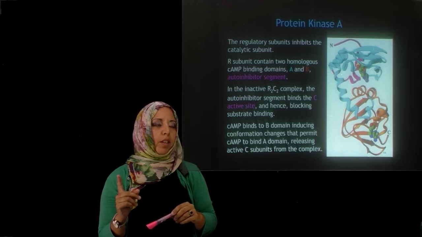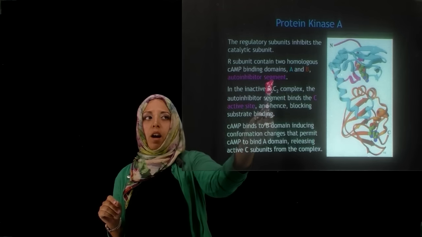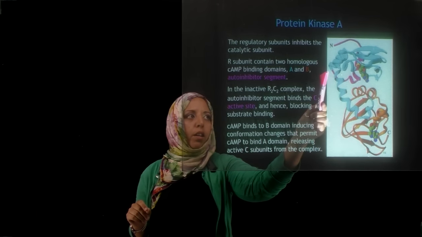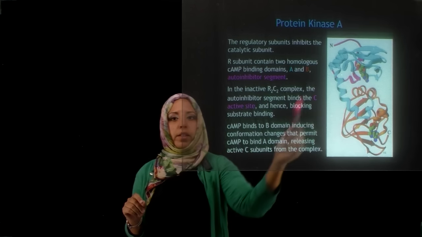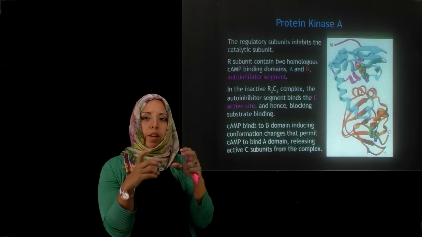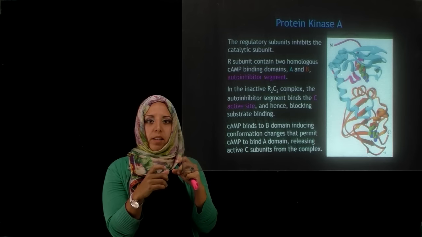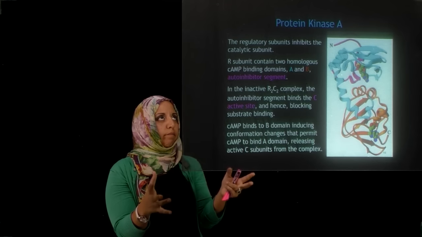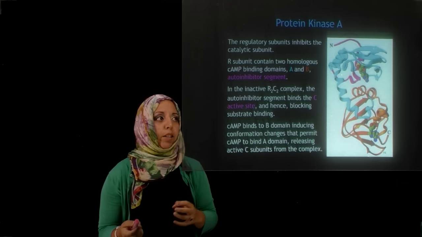And there is a specific segment of the regulatory subunit known as the autoinhibitor segment, which is shown in the magenta color right here. All right. That autoinhibitor segment fits right within the active site, or right within the substrate binding site of the catalytic subunit, which prevents the substrate that will become phosphorylated from binding.